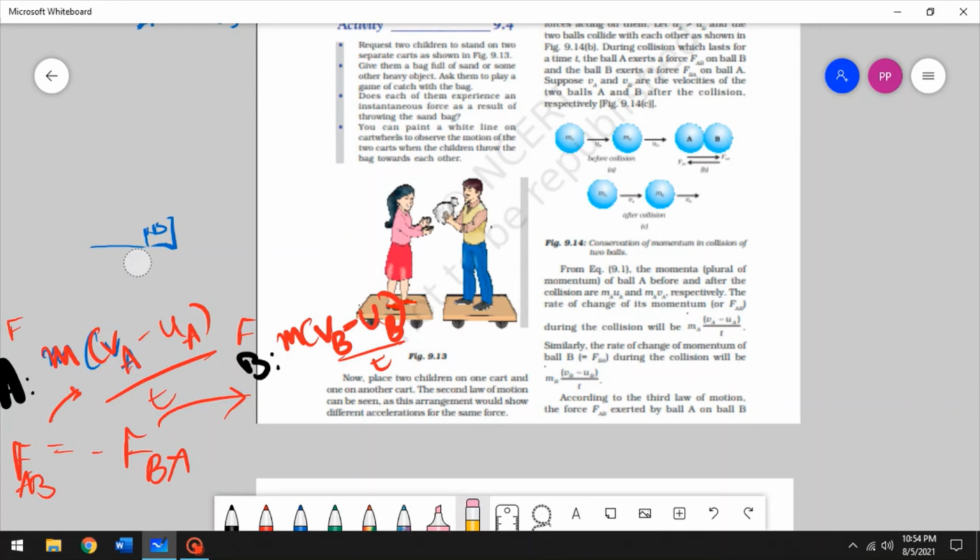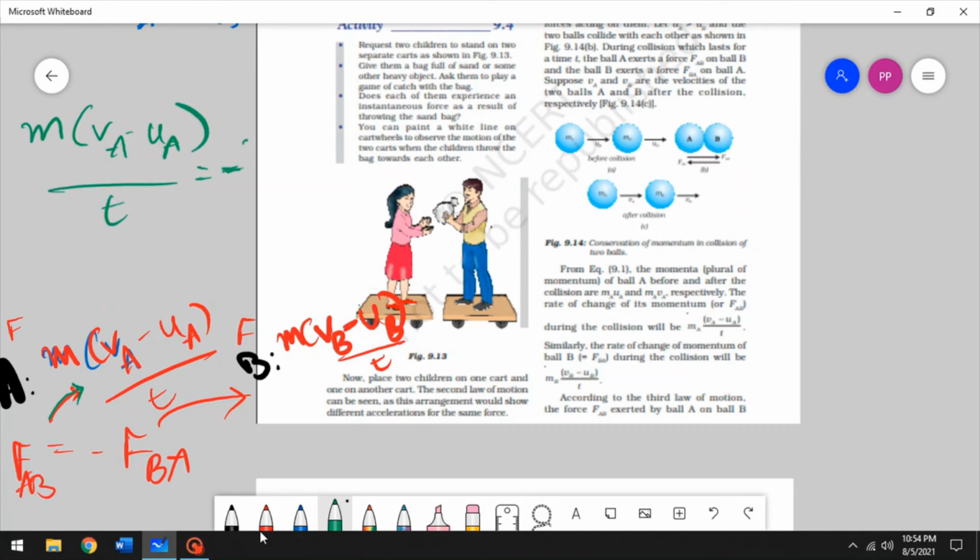Alright. So, when we are taking the difference between these two momenta, we find, when substituting the two momenta in this equation here, m (v_a − u_a)/t is equal to negative m (v_b − u_b)/t.